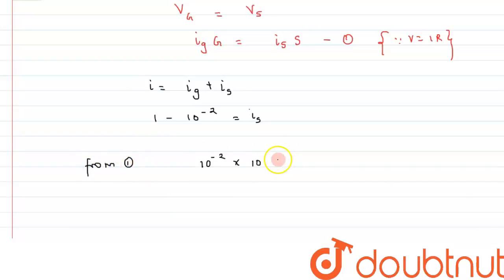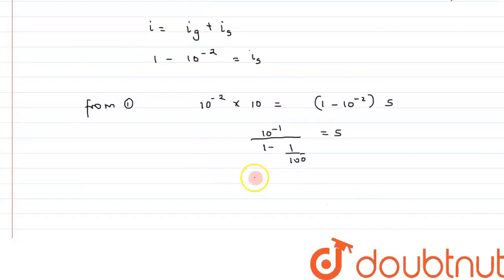From 1 we are writing this, and that equals Is, which we have just calculated as 1 minus 10 raised to minus 2, into the shunt, which is what we are interested in finding. Therefore, it is 10 raised to minus 1 divided by 1 minus 1 by 100. This is the value of the shunt we will get.